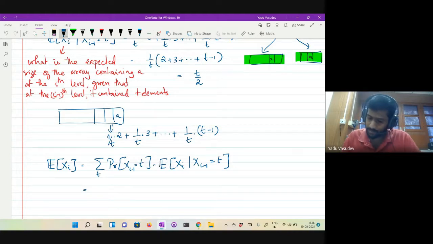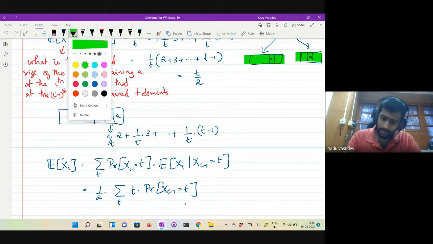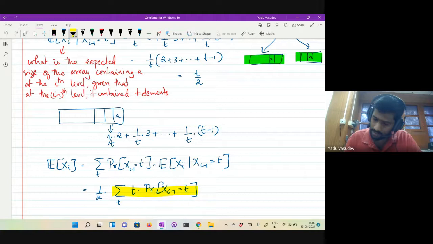And what is the expectation? This is t over 2. So this is 1 over 2 times the summation of t times the probability that xi minus 1 is equal to t. And this quantity is nothing but the expectation. Anyone wants to ask? Yeah.